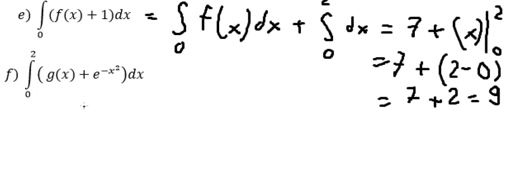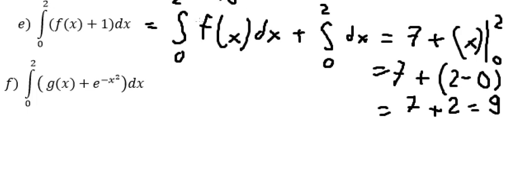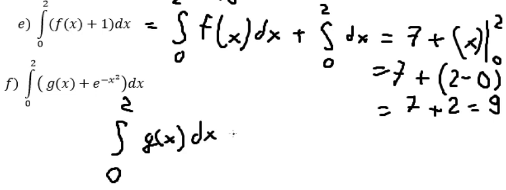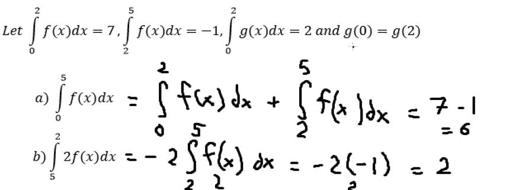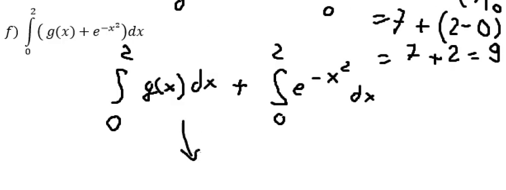Now we go to the last one. So we have the integral from 0 to 2 of g of x dx plus the integral from 0 to 2 of e to the power of negative x squared dx. This one we got 2.